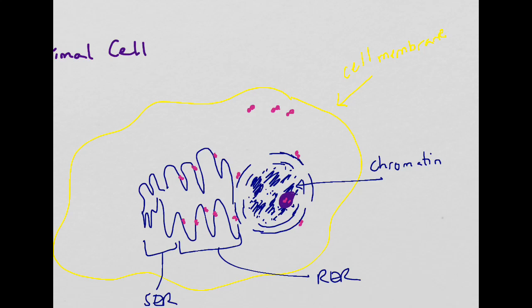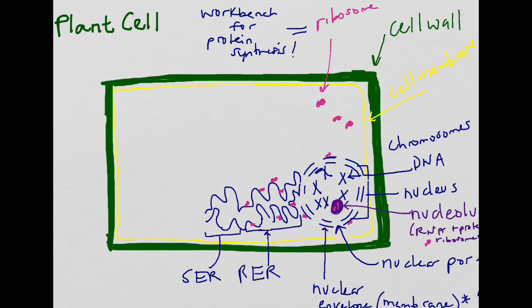All right. Okay, so on to the next thing here. Once we go through the SER, we're going to come to this flattened stack of pancakes, as I described it, right? What is that? That's our Golgi.